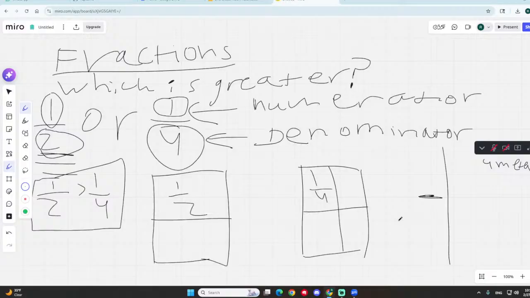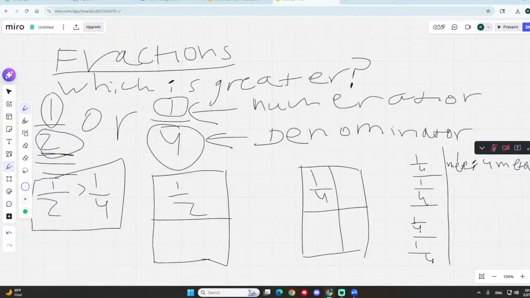So each side would be 2 meters, equals 1/2. But what if we do 1/4? That means we would have 1/4, 1/4, 1/4, 1/4. And each 1/4 is 1 meter.